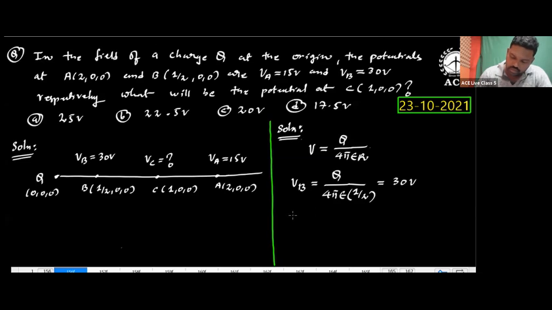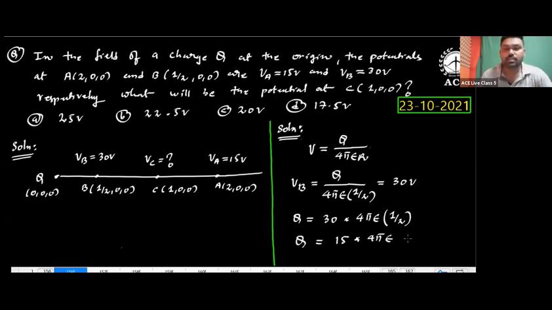From here, what you are going to get for the charge Q? Q is equal to 30 into 4 pi epsilon into 1 by 2. Q is equal to 15 into 4 pi epsilon.